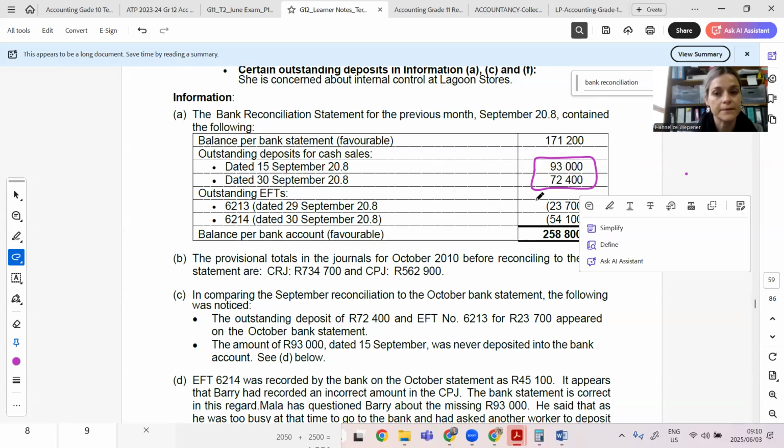It should be in my bank account, because when I received the money, I went to the bank and deposited it. If it's not on the bank statement, then it's missing. Someone stole it, or it got lost.